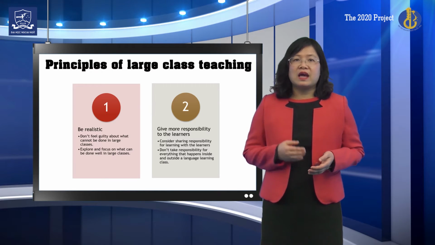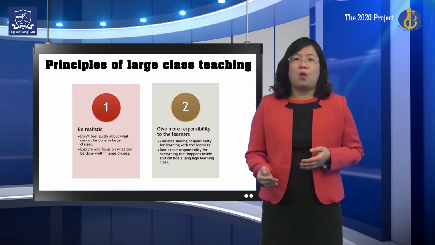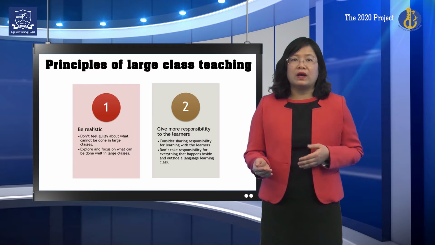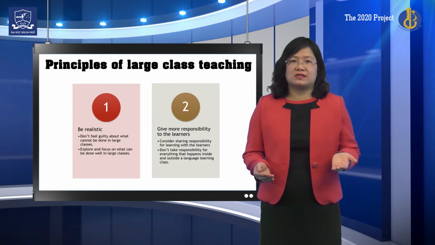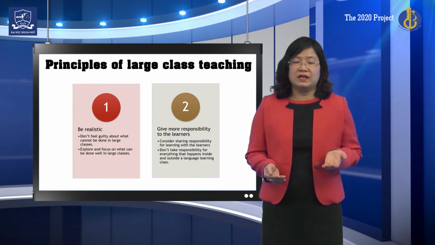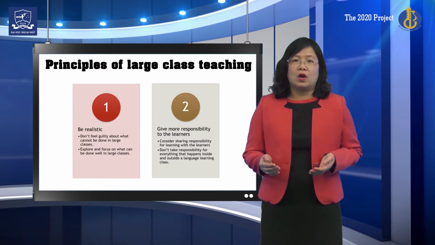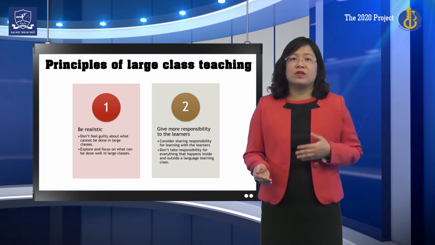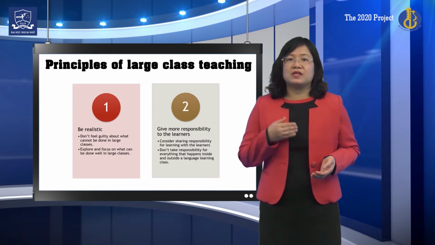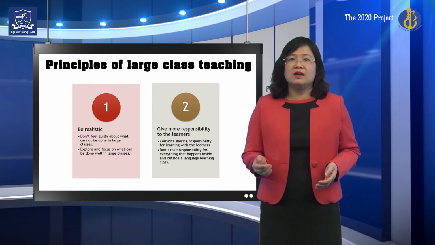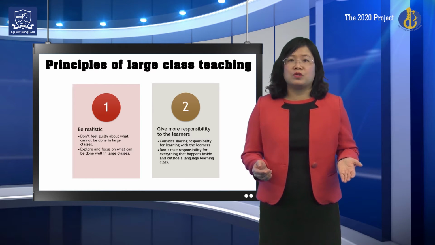So, instead of feeling guilty about what cannot be done, explore and focus on what can be done well in large classes. We should also give more responsibility to the learners. We can consider sharing responsibility for learning with the learners instead of taking responsibility for everything that happens inside and outside a language learning class.